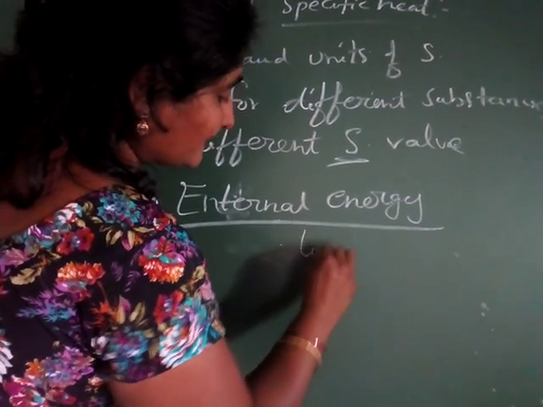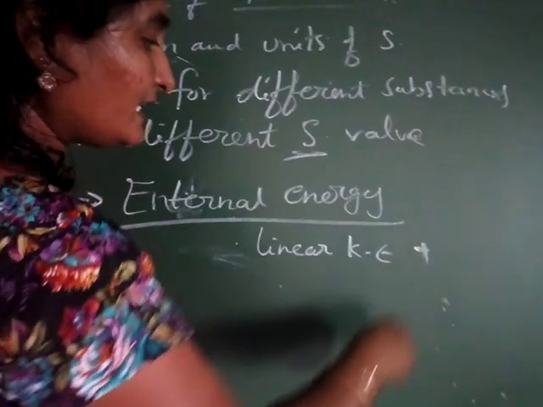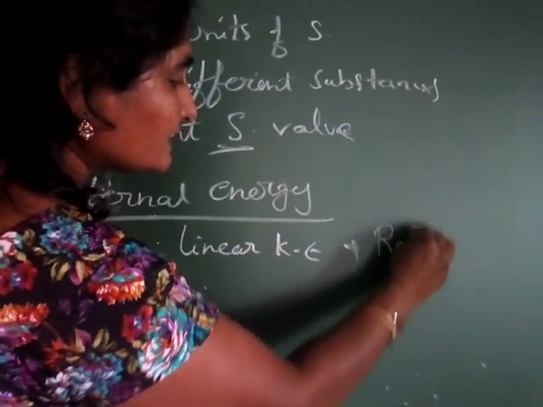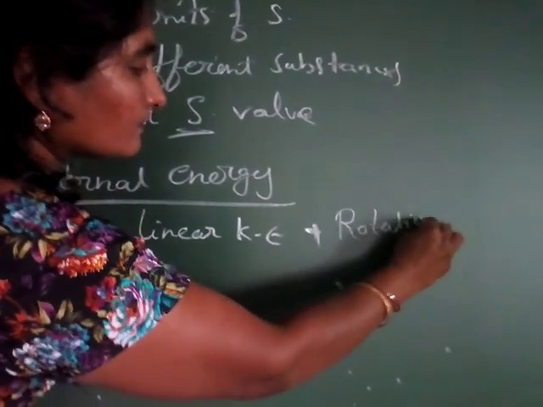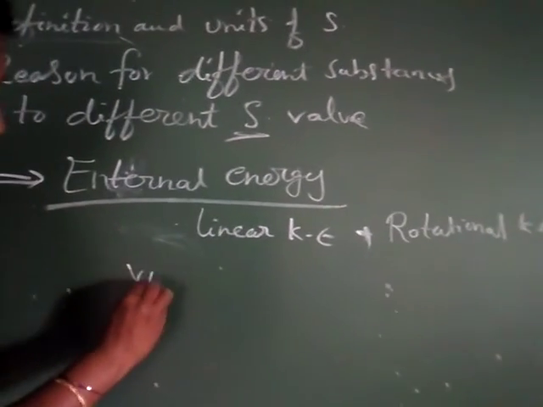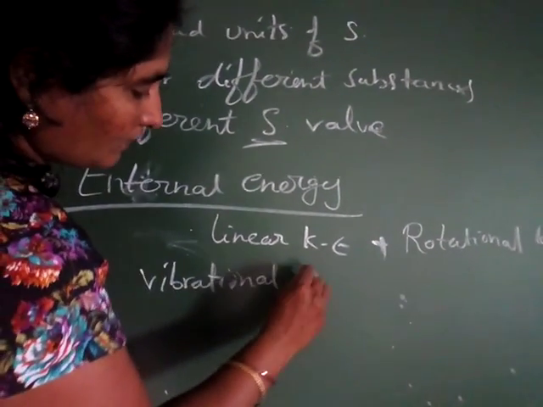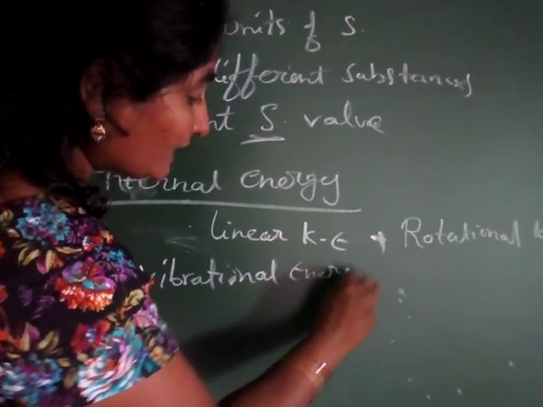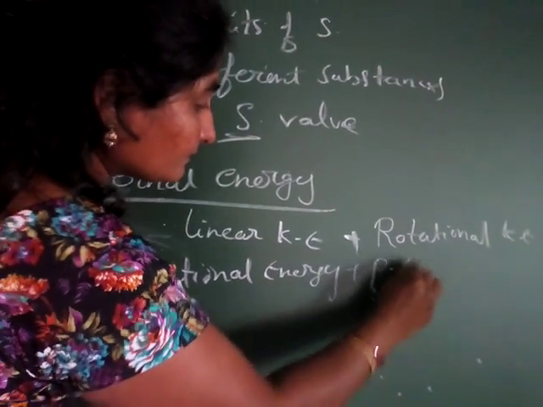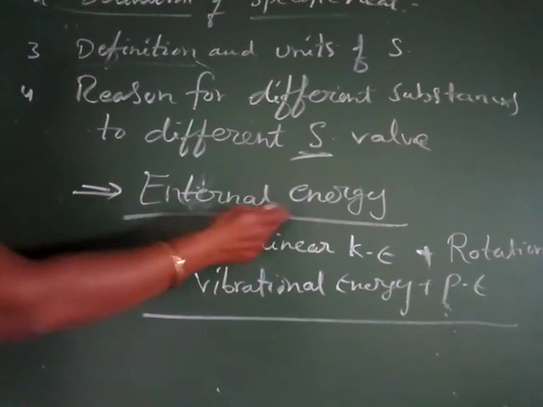Linear kinetic energy plus rotational kinetic energy, vibrational energy and potential energy. This total energy of the body is called the internal energy of that body.